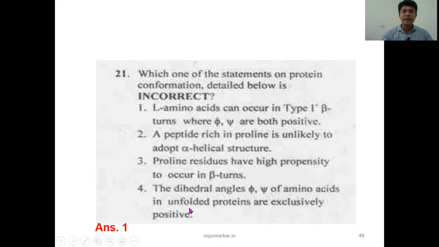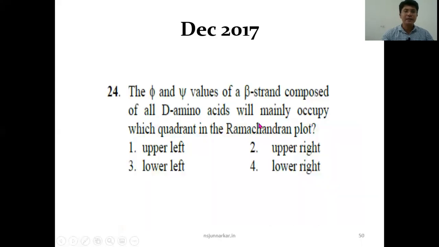Here the incorrect one is the first one, because the type 1 beta turns will not have both positive. The left-handed helix will have both phi and psi positive. For the second one, we saw that for D amino acids, the beta strands can have the phi and psi values in the lower right quadrant.